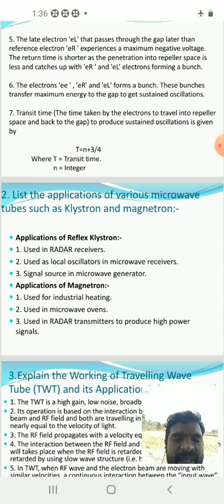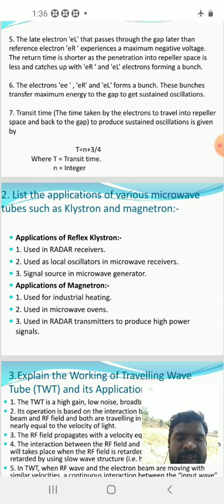Signal source in microwave generators, local oscillator in microwave receivers and radar receivers. Application of magnetrons: magnetron and reflex klystron. The reflex klystron is a linear type tube. Magnetron is a cross field tube.